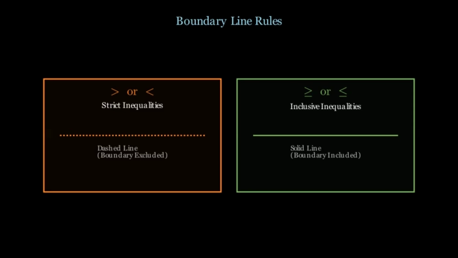But if the inequality includes less than or equal to, or greater than or equal to, the boundary is included. In that case, we use a solid line. So remember, less than or greater than means dashed, less than or equal to, or greater than or equal to means solid. This simple rule will save you from many common mistakes.